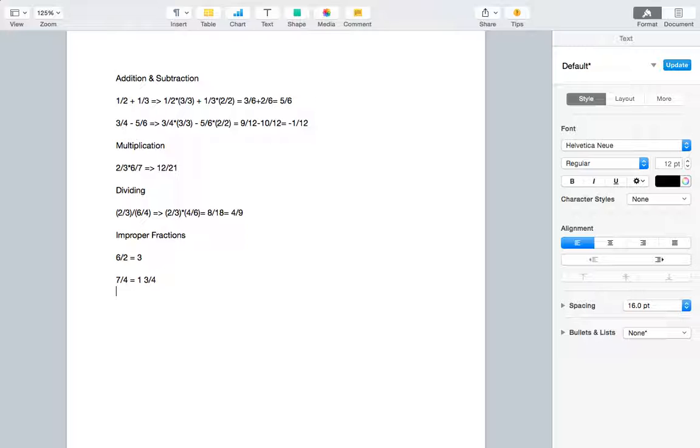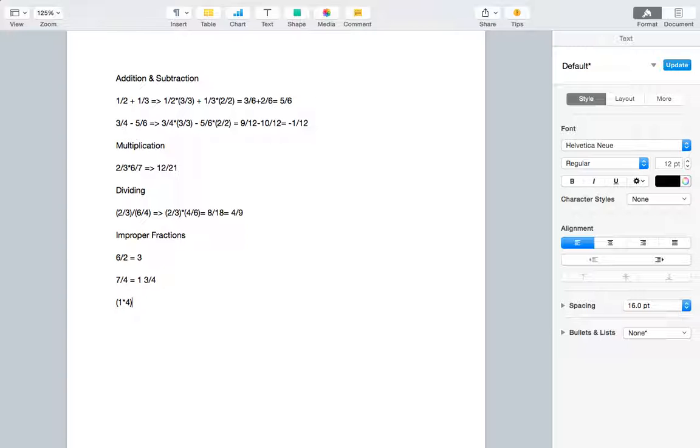Alright. And how do you change the mixed number back to an improper fraction? You get the whole number. You multiply by the denominator, which is 4, and then you add the numerator.